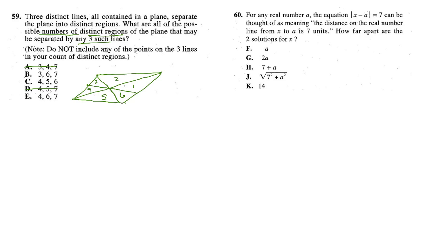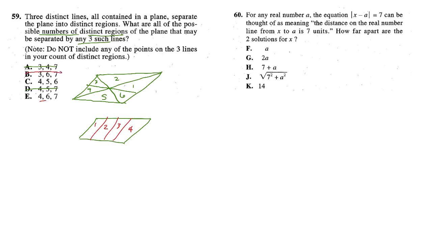So let's draw another plane and see if we can come up with a different number. And I would be that smart aleck kid. I would just draw 3 lines. 1, 2, 3. Okay, well, how many regions would we have here? 1, 2, 3, and 4. So now I'm looking for 4 and 6.